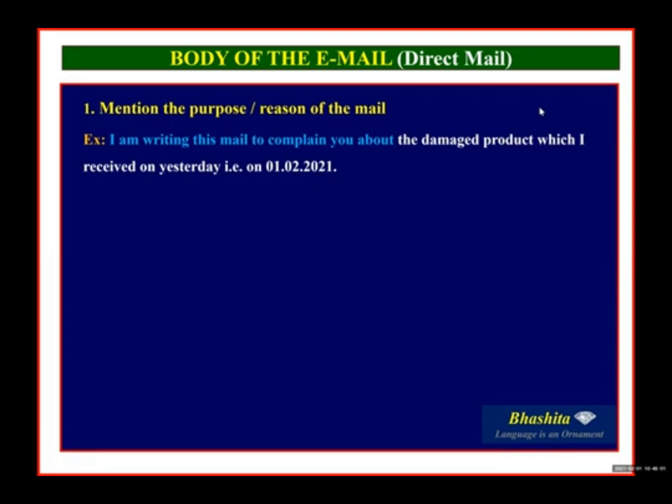If you want to be more specific, you can also mention the time of receiving the product. For example, on so-and-so date, so-and-so time, I have received the product, but unfortunately it was a damaged one. If you want to give more specific details to the receiver, you can also include the time in the purpose lines. So first, in the body of the email, you need to highlight the purpose of writing this mail.